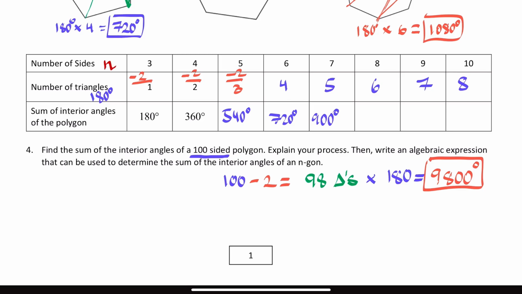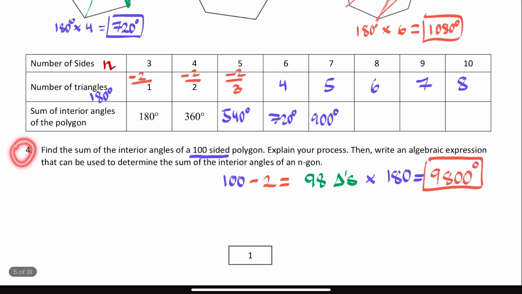So we'll say n is how many sides I give you. For example, what is n for this shape? It is 3 because it's a 3-sided shape, like the triangle. What is n in this column? N is 4, 5, 6. And so in this example, n was 100. And so when they ask for an algebraic expression, this is the whole new formula that we're looking at for polygons.